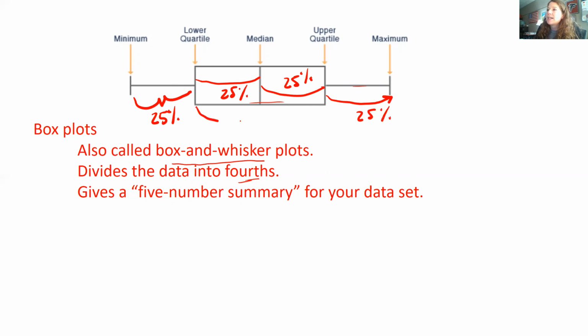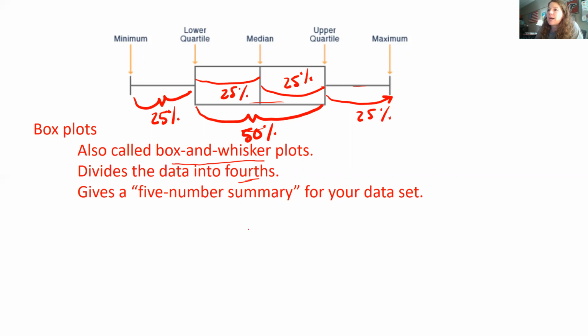So your box represents the middle 50% of your data. So you can have 1,000 scores, and if you put that information on a box and whisker plot, basically you're dividing your data into fourths. You're telling me quickly how the lower 25% of your people scored, how the middle 50% scored, how the upper 25% scored, so on and so forth.